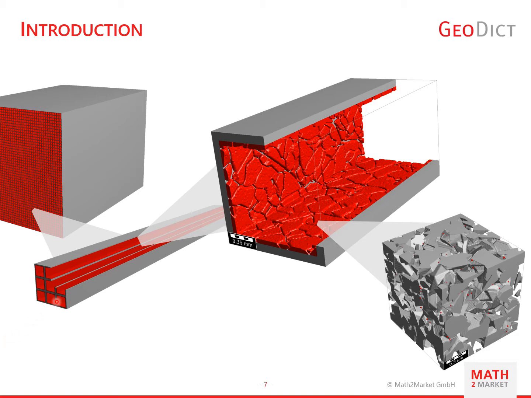Here we have our single channels that we want to simulate the flow in, and if we look closer at a cutout, we can see the better model. Here you see the washcoat on the monolith, and if we zoom in more, this is our washcoat in detail.